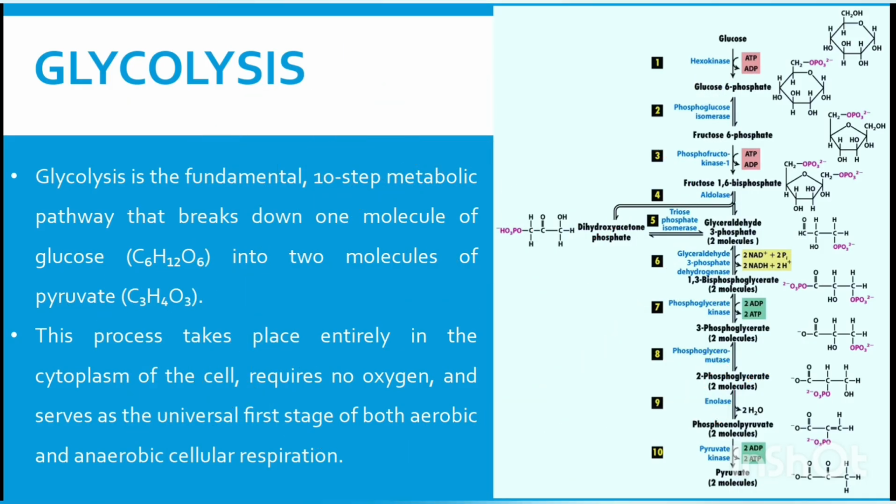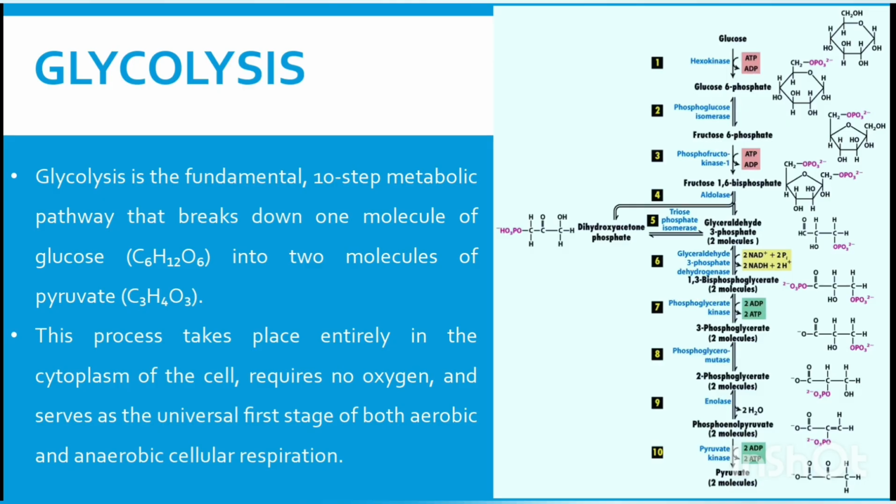So after the glycolysis reaction, oxidative decarboxylation of pyruvic acid takes place in case of aerobic respiration, which begins with 2 molecules of pyruvic acid, the product of glycolysis from the cytosol. Those 2 molecules of pyruvic acid travel from the cytosol into the mitochondrial matrix.